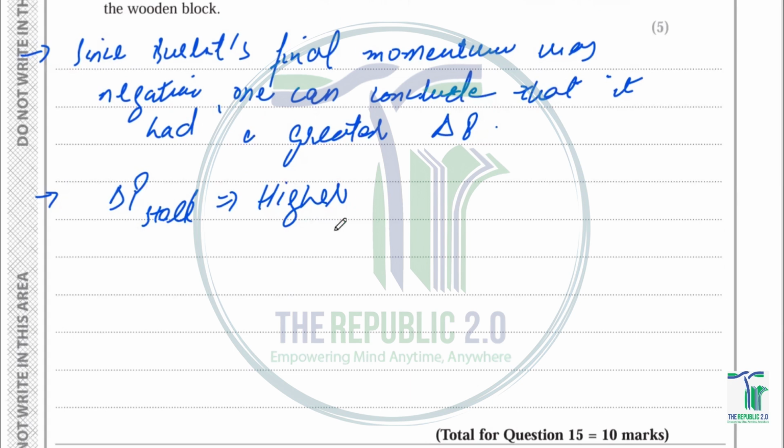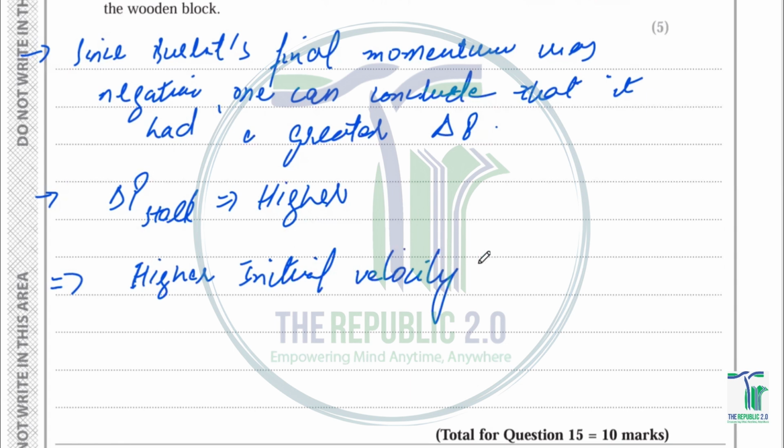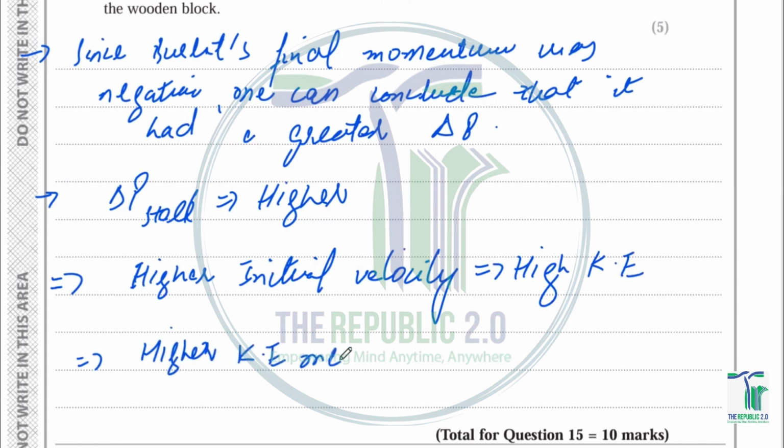And if it has a higher momentum, what does that mean? It should have a higher initial velocity. And if it has a higher initial velocity, it must have a higher kinetic energy.